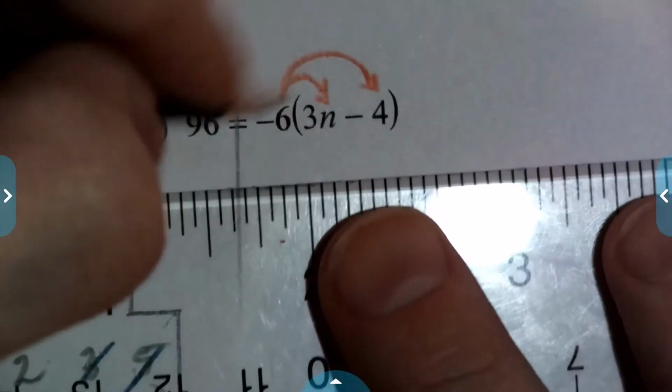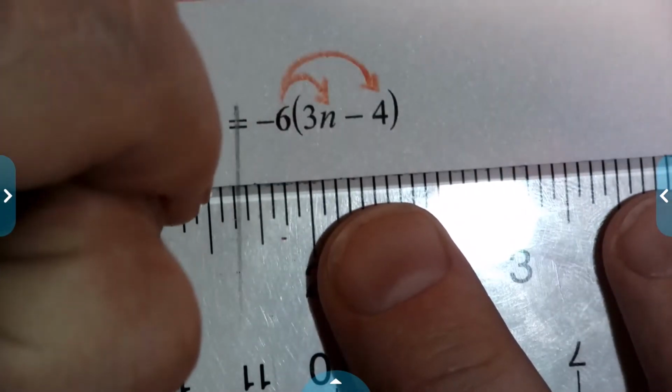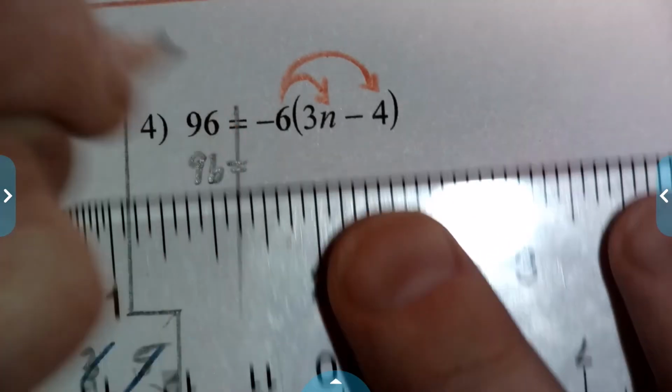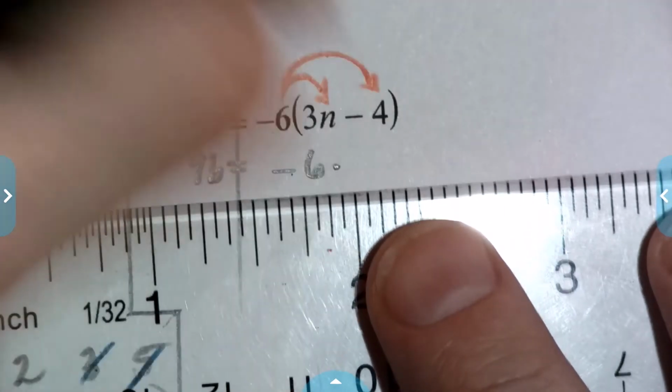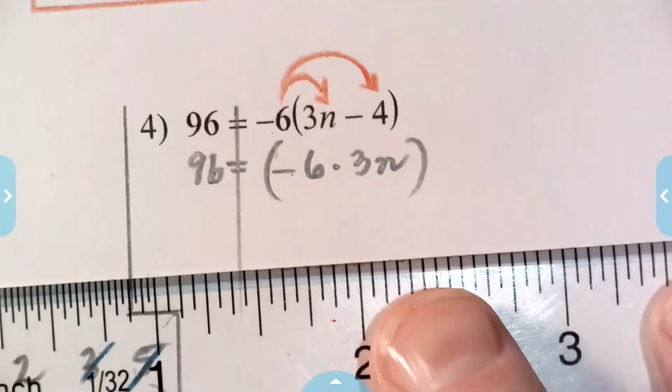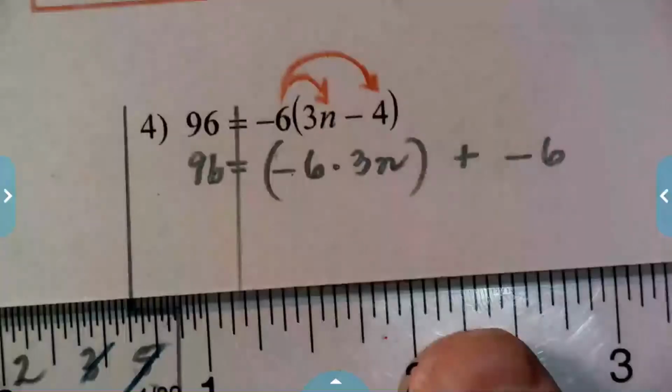And so we'll have 96 equals negative 6 times 3n plus negative 6 times negative 4.